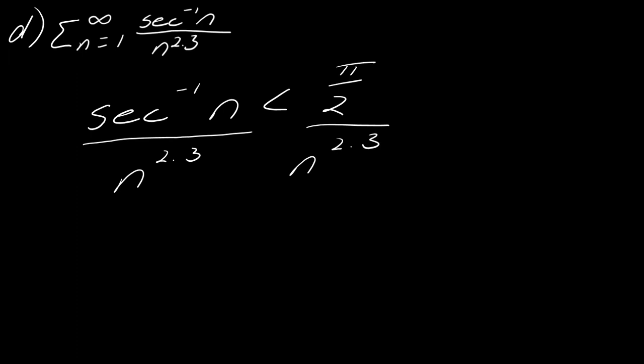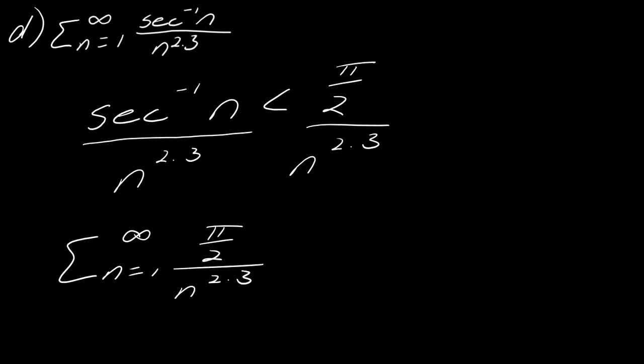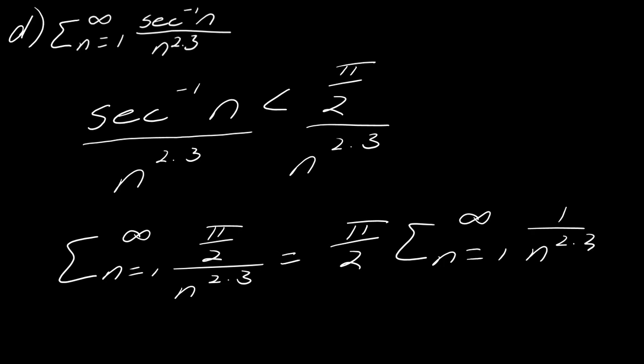n to the 2.3 looks like something really weird, right? But as far as thinking about this little series here, pi over 2 is just a constant for that series, so I can just rewrite this series as 1 over n to the 2.3. This is once again going to be a p-series, and since my exponent is greater than 1, this is going to converge.